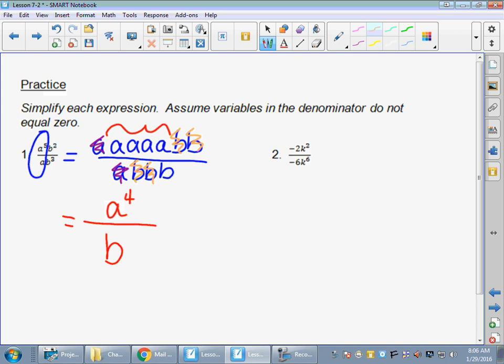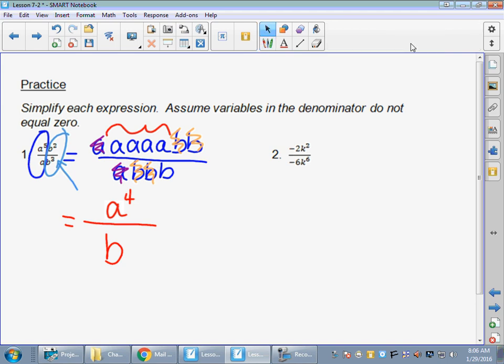And I wanted to make sure I mentioned this because here I've got a b squared and a b cubed, well, 3 minus 2 is 1. I've got 1 b left. It's got to be left down in the denominator where the larger number is. So some people are going to say 3 minus 2 is negative 1. Well, that negative makes us flip it to the other side of the fraction, or the larger exponent tells you where the leftover b's will be.